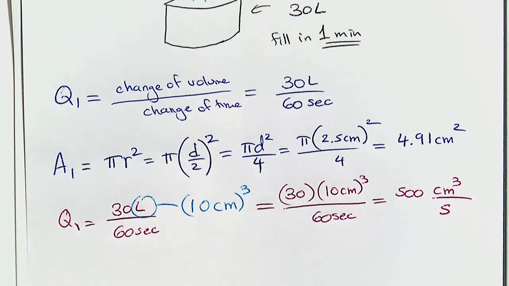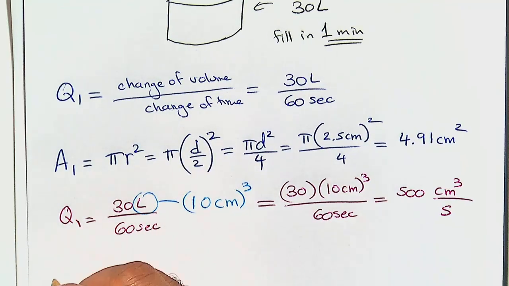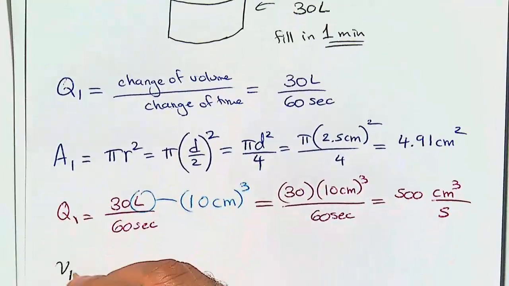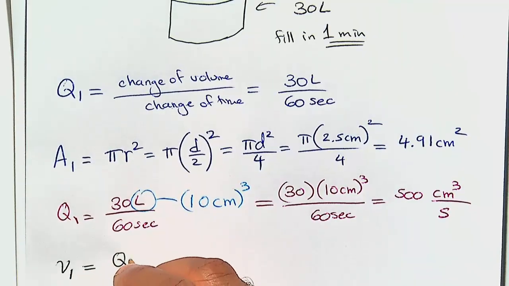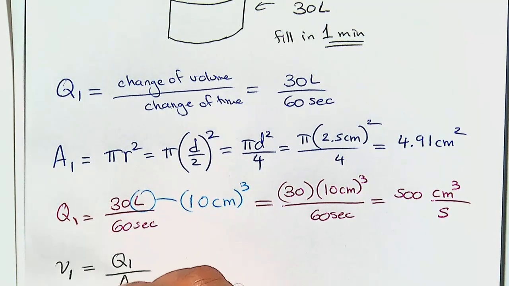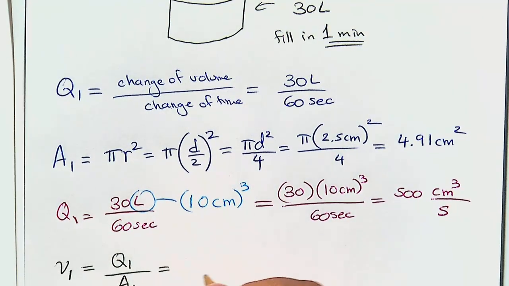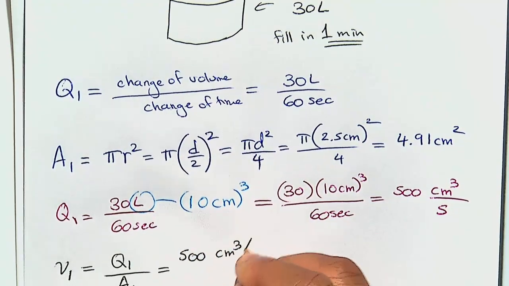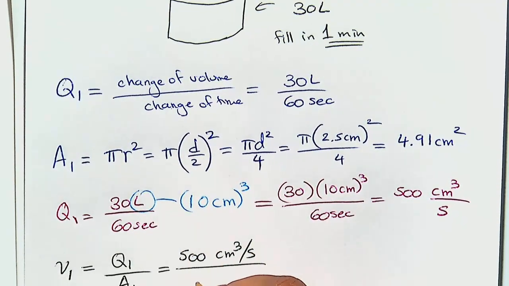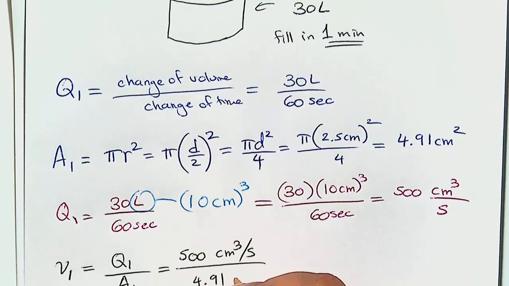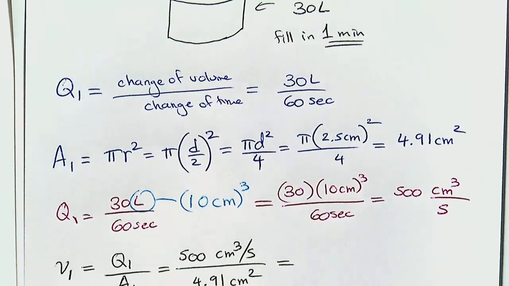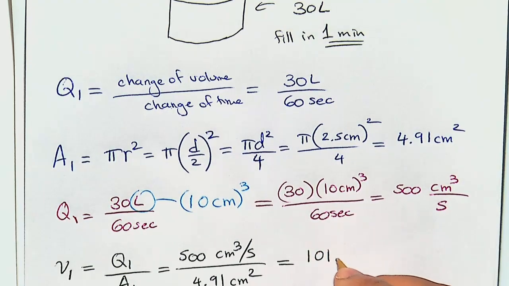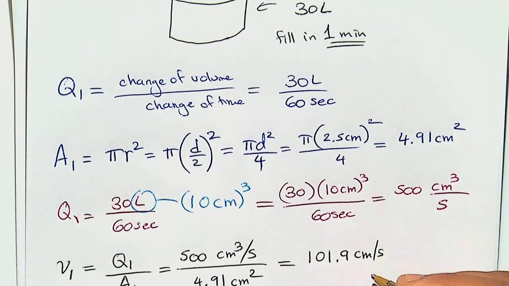Okay, so now we can calculate the velocity 1. The velocity at the beginning of the hose is equal to Q1 divided by area 1. Well, that is 500 centimeters cubed per second divided by 4.91 centimeters squared, which is equal to 101.9 centimeters per second.